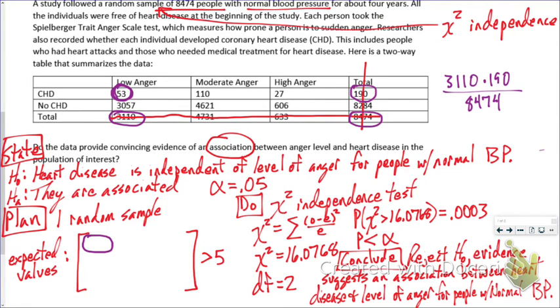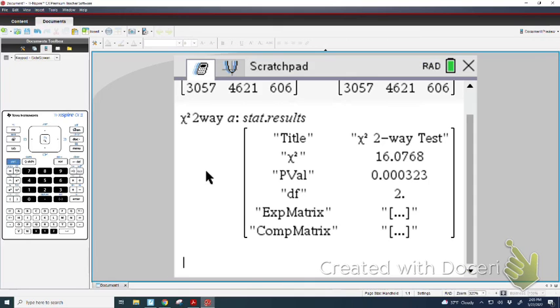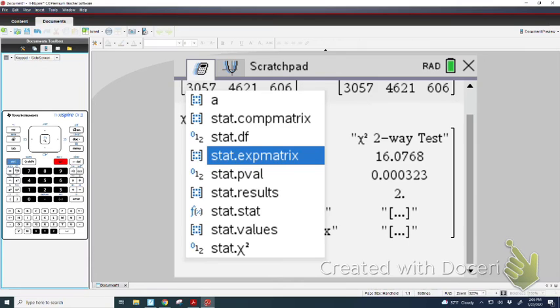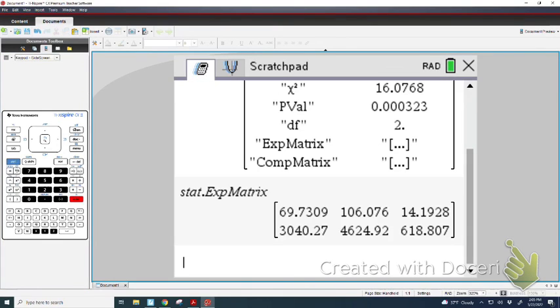I just got 69.73 when I did that. So let's see if we get the same thing on the calculator. I press var, exp matrix, enter.